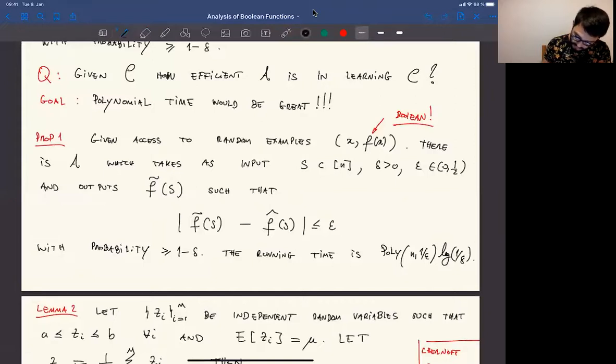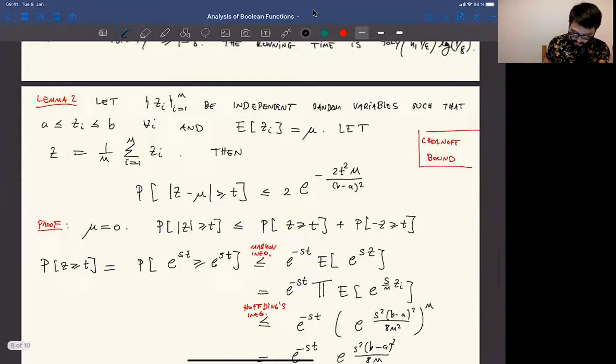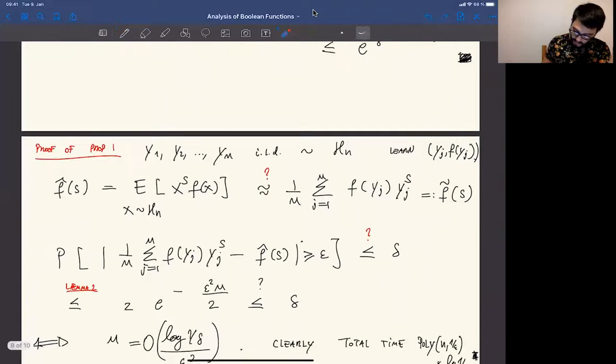I should emphasize here that for each s there is an algorithm, but the selection of the y's depends on the s, because by the proof we used those random variables in the sum, and for different s's they would be different random variables, so it would be different choices.